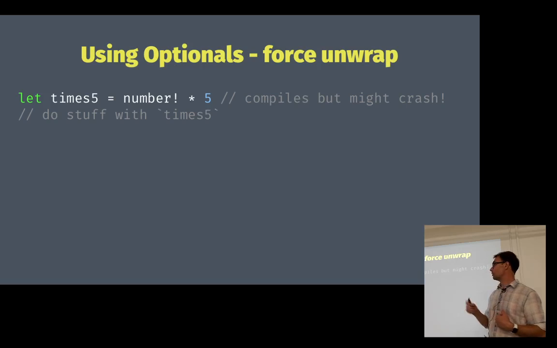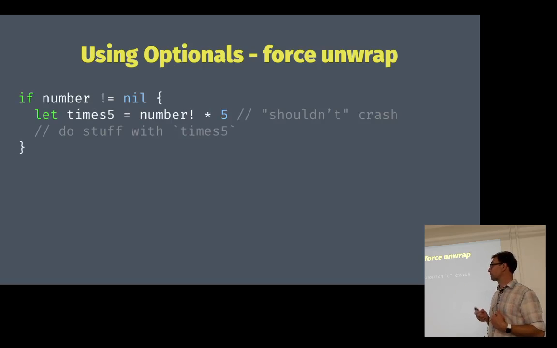One thing we could do is similar to what we did with the Java code. We can test to see if it's nil first, and then we can unwrap it. And I say shouldn't crash.